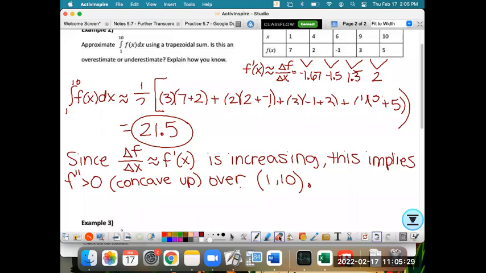So what is our conclusion about this trapezoidal sum? 1.5 is an overestimate. Overestimate, yeah. Therefore, this trapezoidal sum is an overestimate. All the buzzwords that we need are in here.